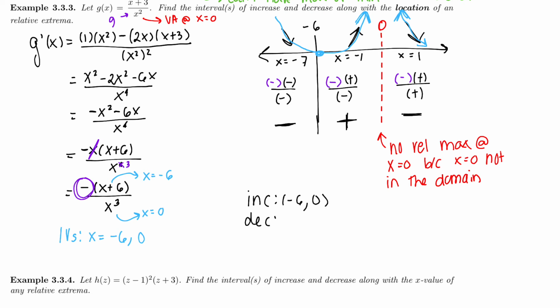We are decreasing from -infinity to -6 and 0 to infinity. There's a relative min at x equals -6, and there's no relative max.